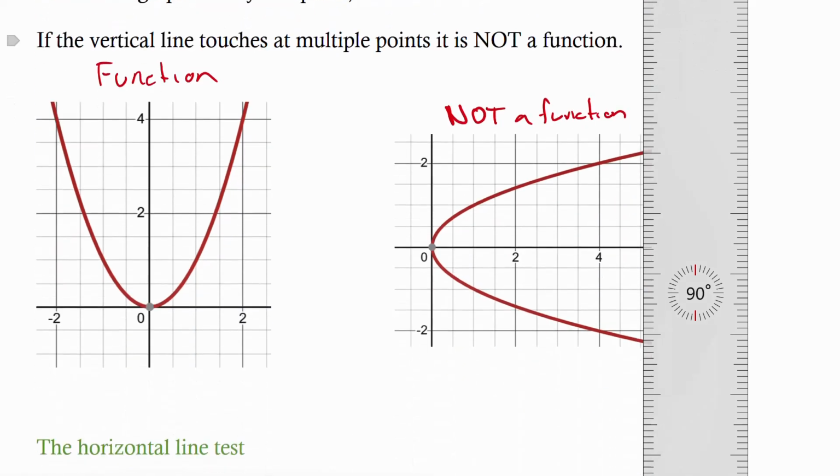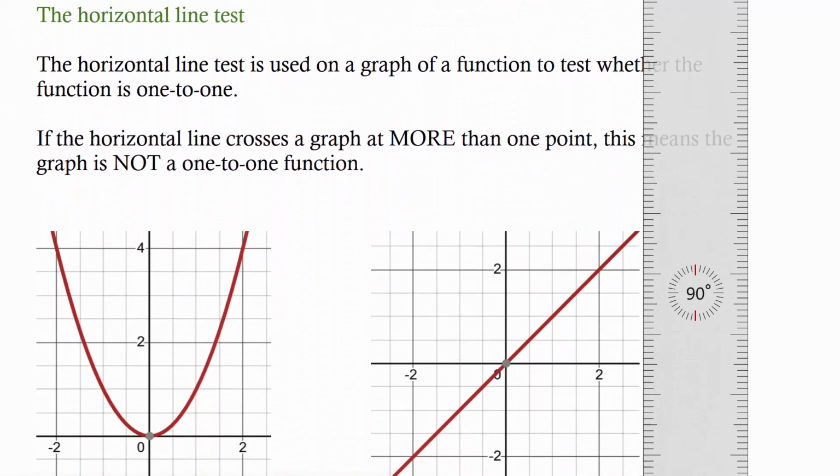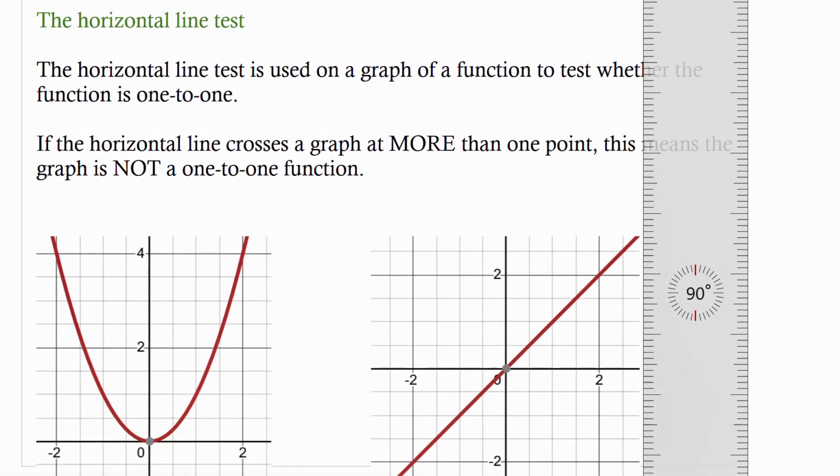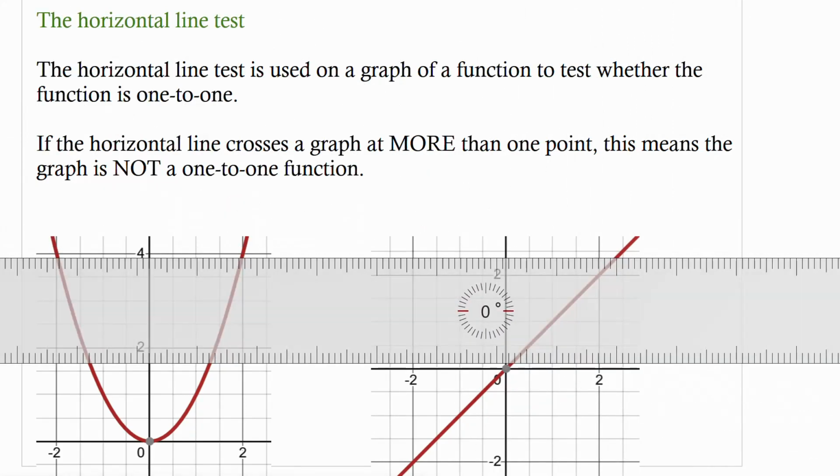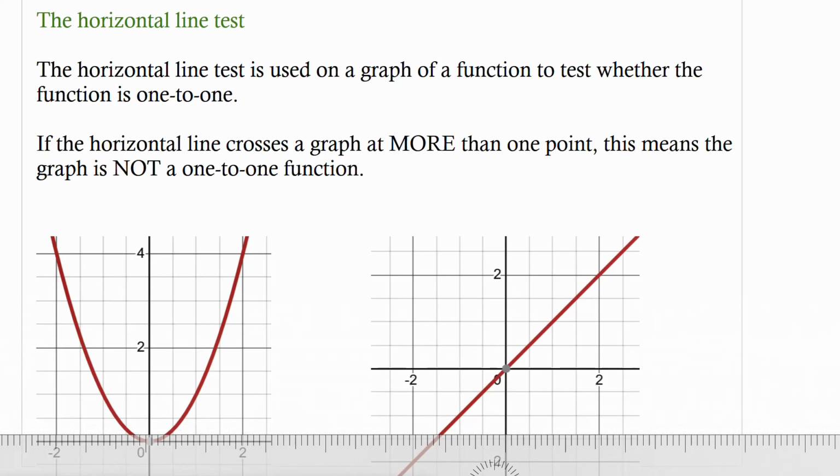Now, another tool we can use is what we call the horizontal line test. You only do this one after you've already done the vertical. The vertical will tell us, yes, it's a function, or no, it's not a function. What the horizontal line test does is tell us if it is a one-to-one function or a many-to-one function. This time, I've turned the ruler to the horizontal, and we're looking at the left parabola.